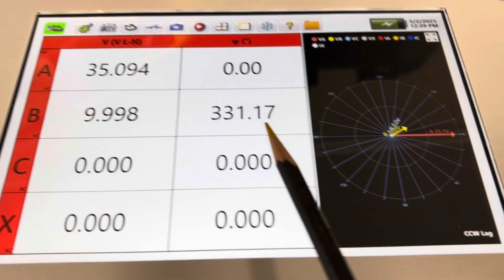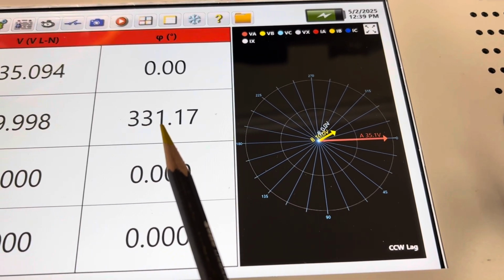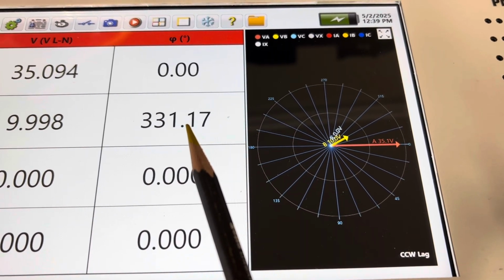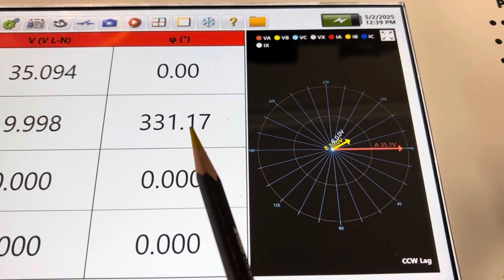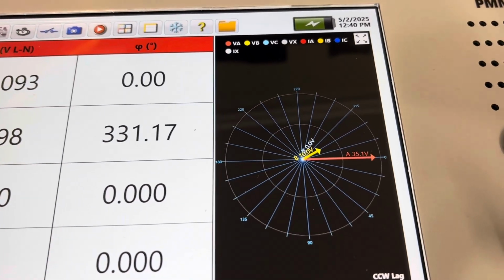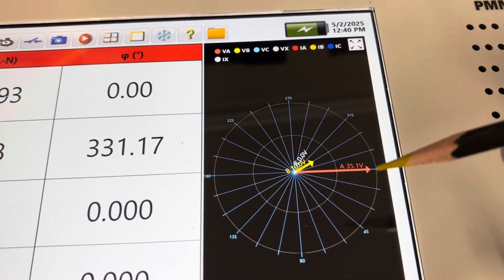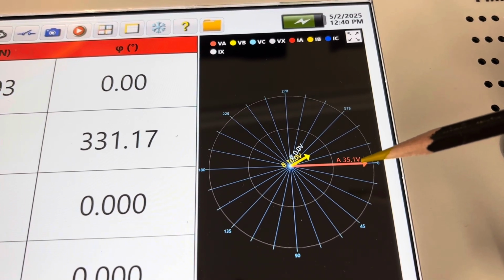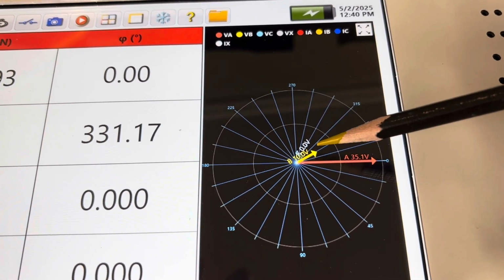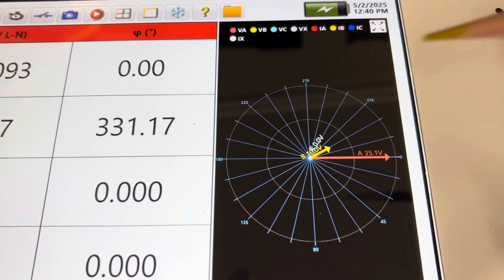The phase angle is 30 degrees leading, as in the secondary is leading the primary by 30 degrees, or lagging by 330 degrees. Again, approximate because of the test source. And here is our high side, and here is our low side, or X. So that's the demonstration.